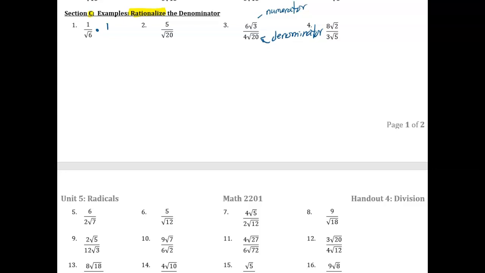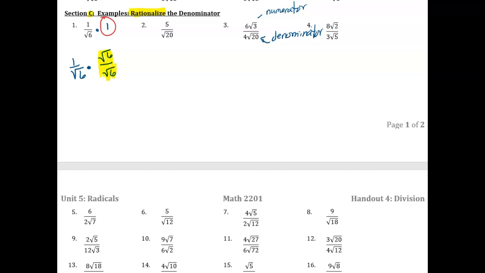Well, the trick is that this 1 gets written in a slightly different way. Whatever this root is, we make it a fraction and we multiply it to the original question. So here's what we've done.